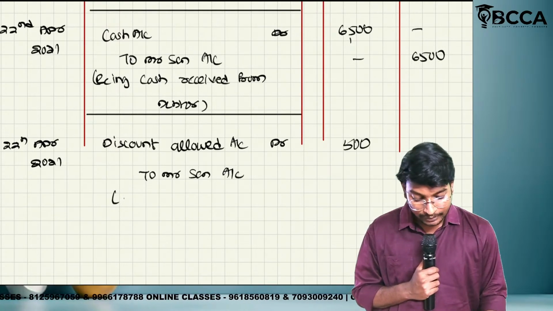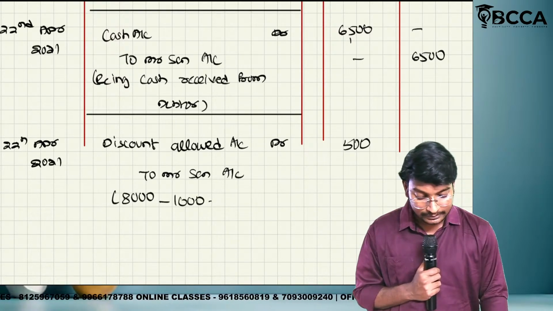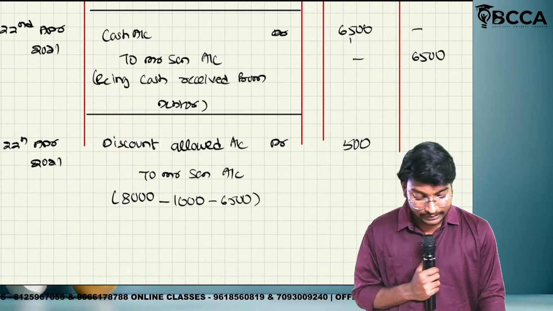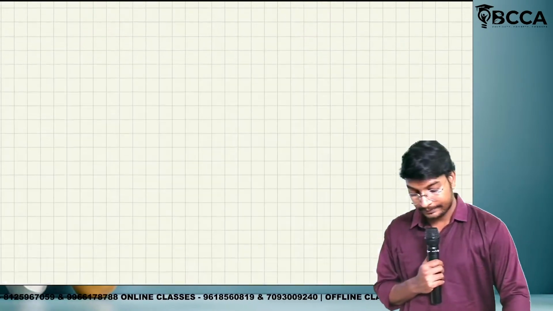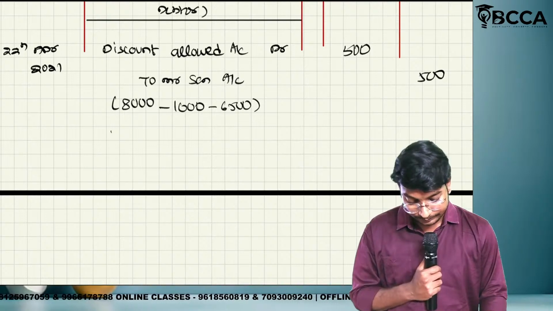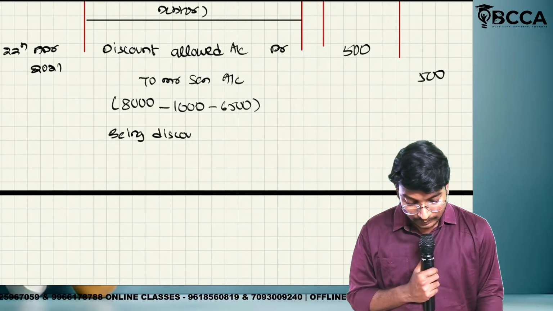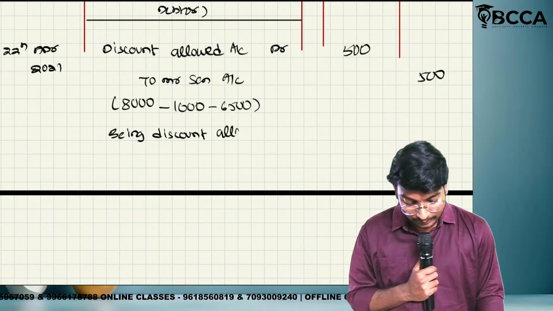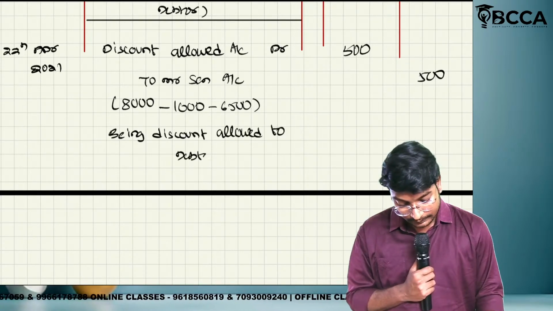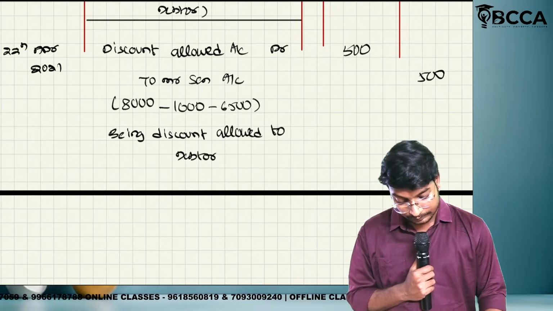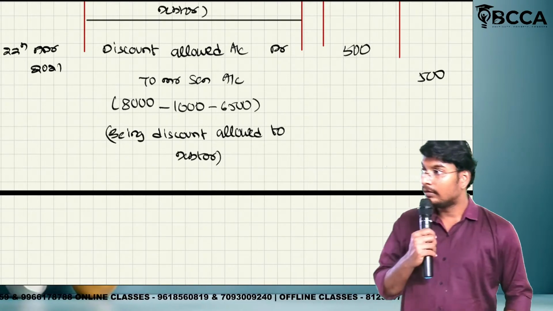We made 8,000, minus 1,000 for the returns, minus 6,500 for the receipt. So the balance amount is 500. Okay, guys? Being discount allowed to debtor.